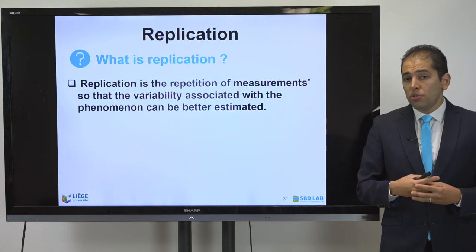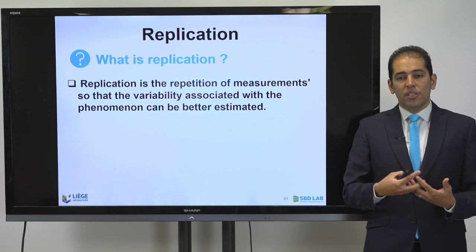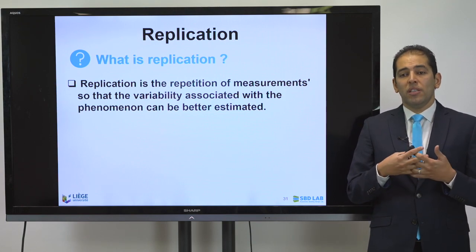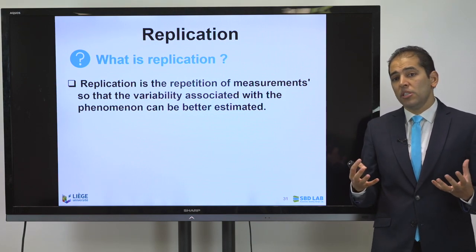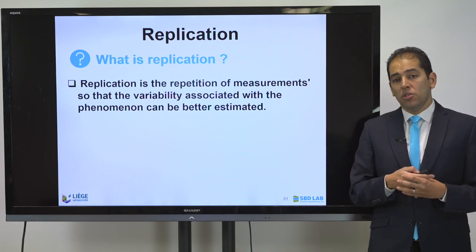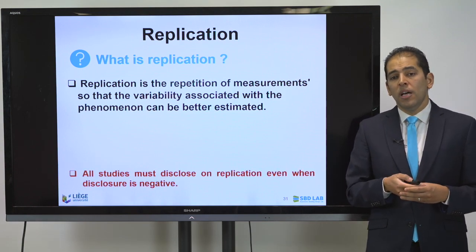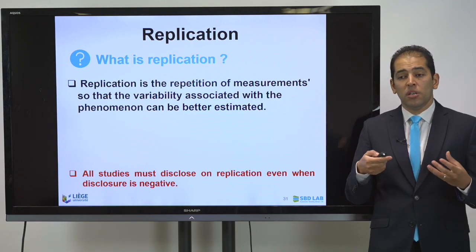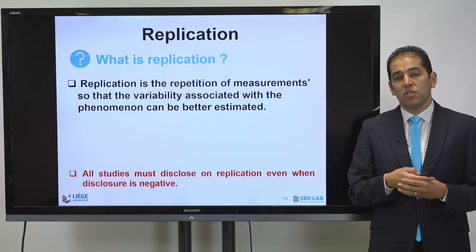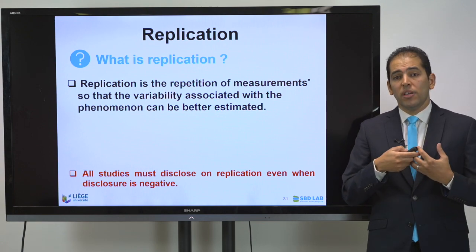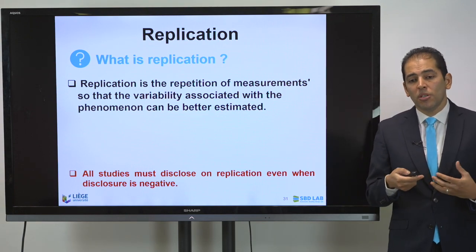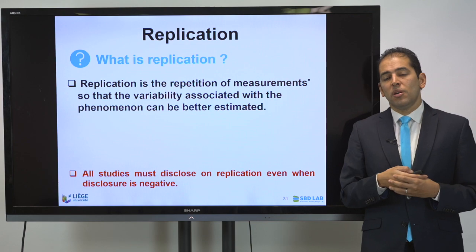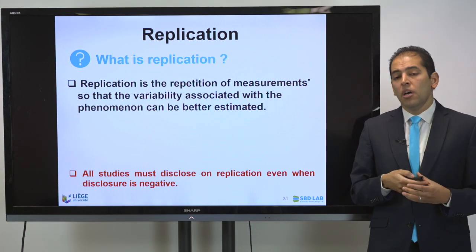The other thing is to replicate, so try to have a repetition of your measurement so that the variability associated with the phenomenon can be better estimated. This is also a measure of validity, and all studies must disclose the replication even when this disclosure is negative. So if you're doing professional reporting, you must always disclose the replication even if it was not done.